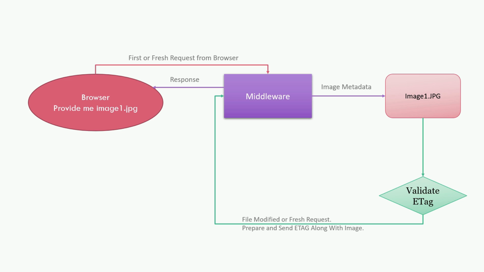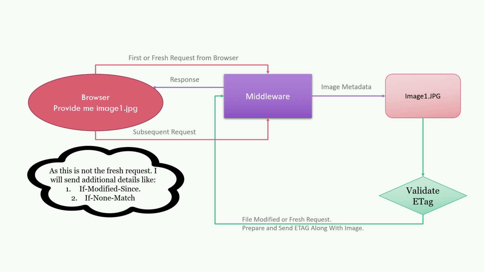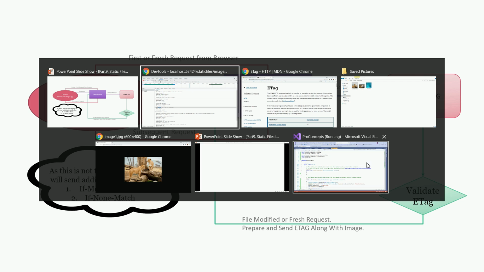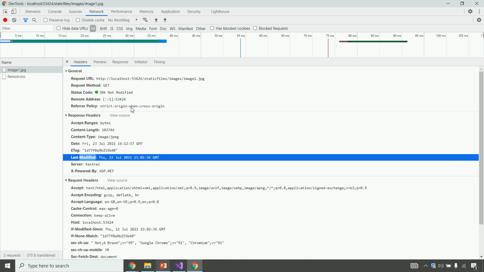Next, in case of a subsequent request, because the browser cached the header information and images as well, this time the browser sends a few additional parameters in the request header. Let's see that as well. So go to the browser, in the developer tab, and let's press Ctrl F5.